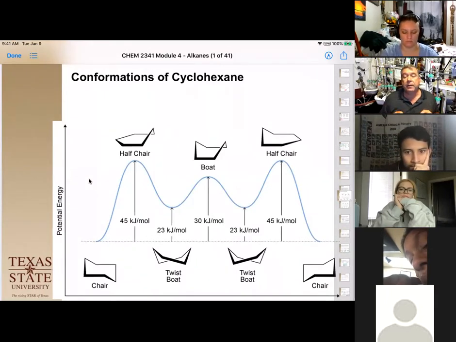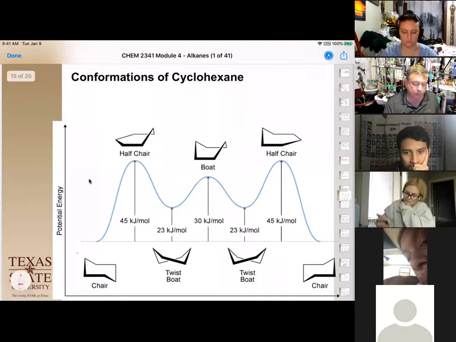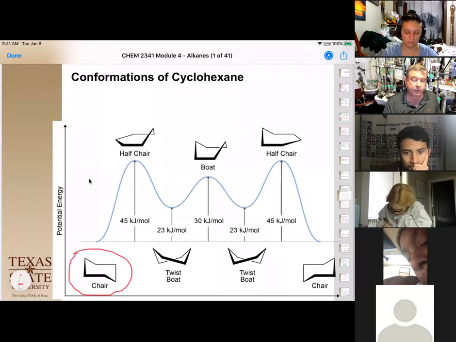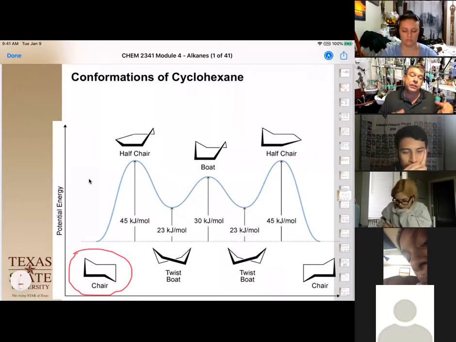But there's not only one conformation available to us in cyclohexane. The most stable one is what we call the chair position. I'm going to use this as a nice example. Chair is usually the most stable, so we're looking to draw it in this way such that we can find the most stable area to put all the substituents.